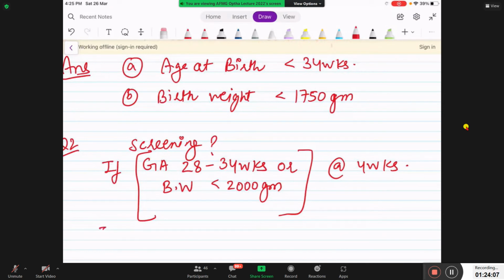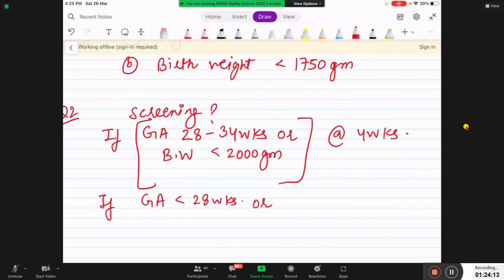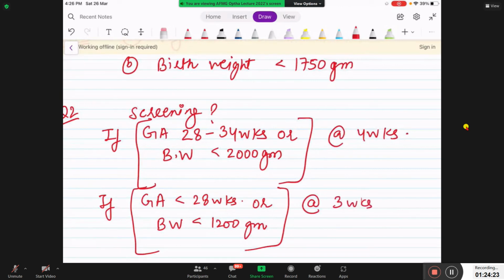If the gestational age of the baby is less than 28 weeks, or if the birth weight of the baby is less than 1200 grams, then ROP screening is to be done at 3 weeks after birth.